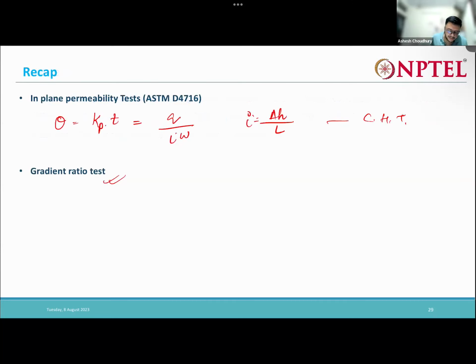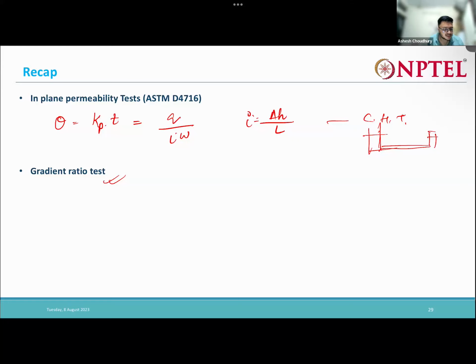Okay. So one is this in-plane permeability test, where geotextile is there, head difference is maintained like that, constant head, and this flow occurs from here to here. So in this case, what happens? The flow is only laminar, right? So it's occurring only in this direction.